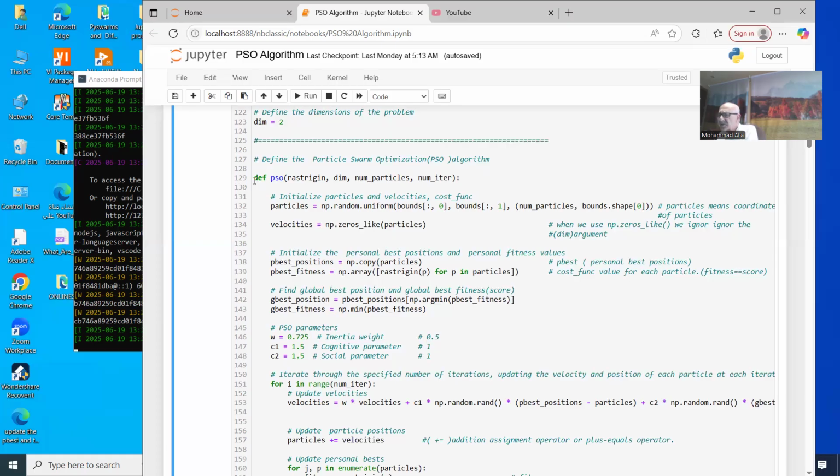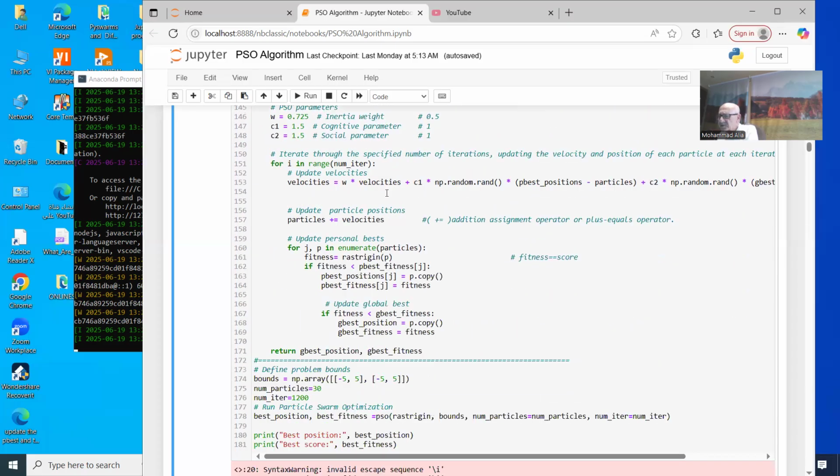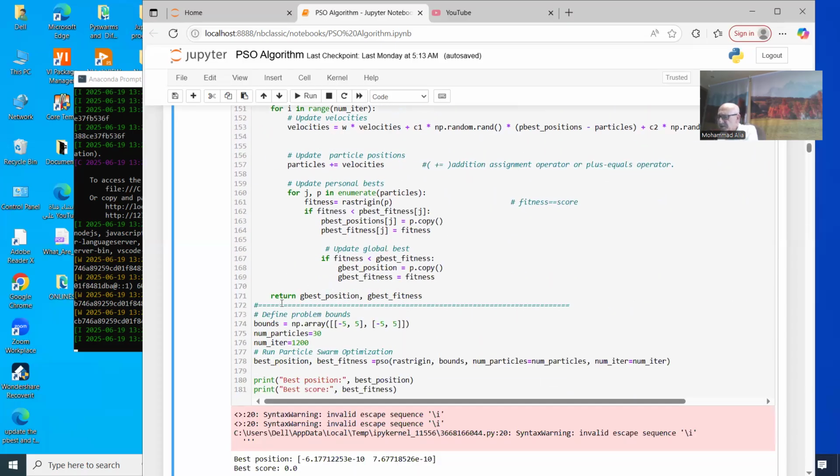This is the beginning of the definition of the PSO. The function ends with the return instruction, which yields the global best position and global best fitness.